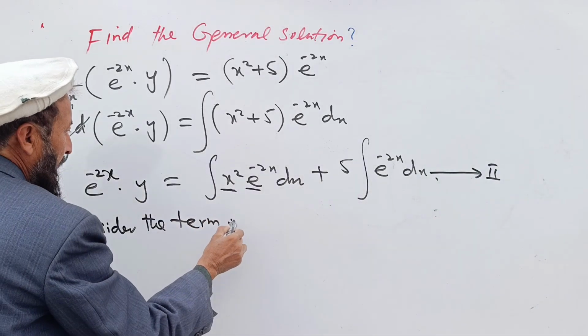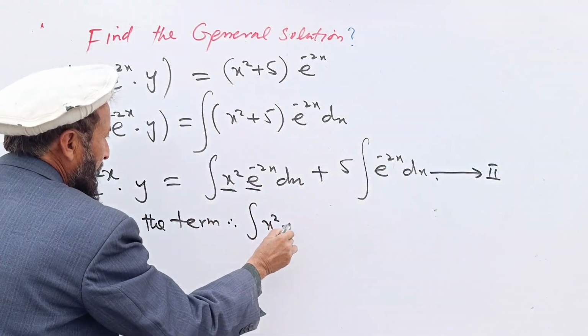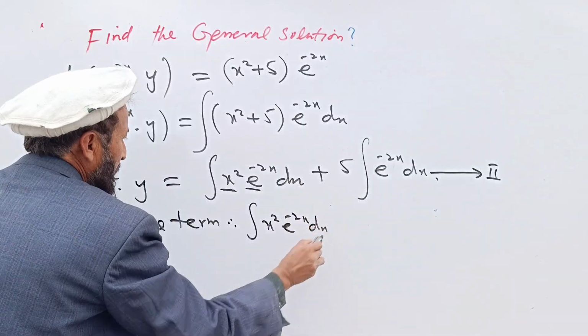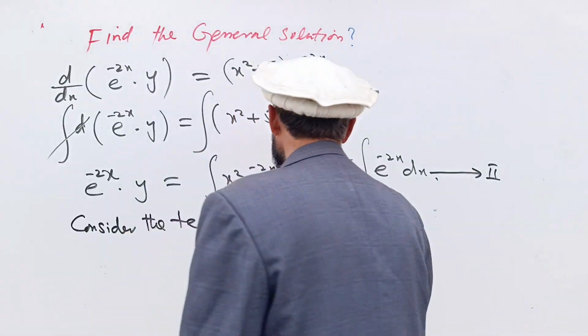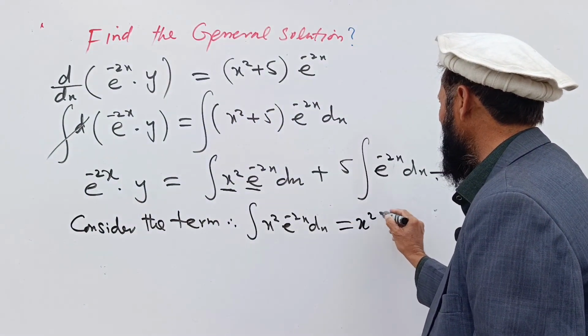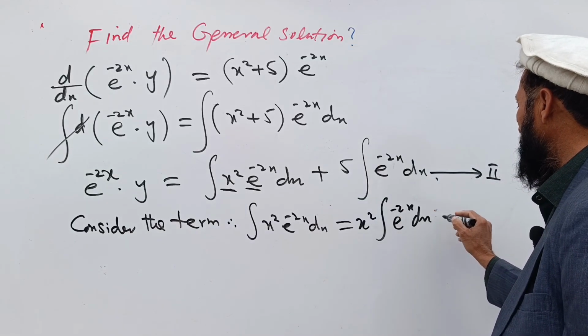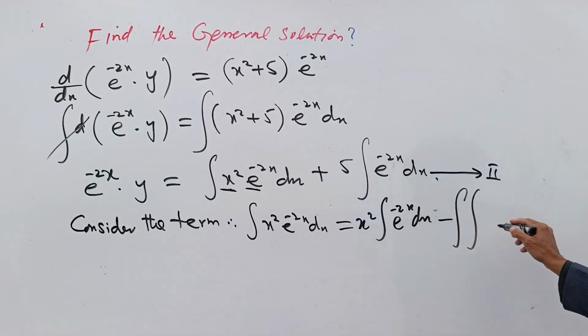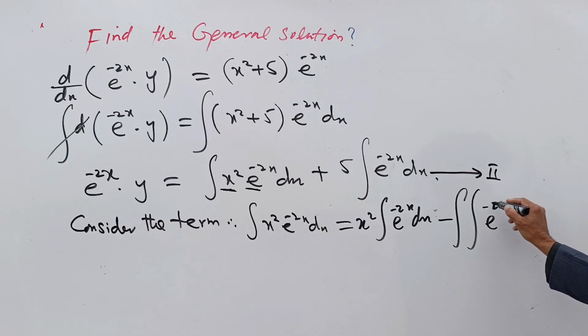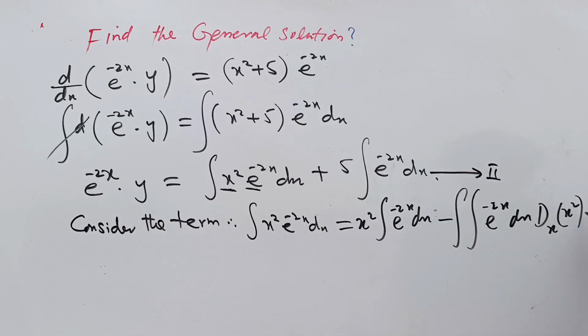We have this term, integral of x square e exponent of minus 2x dx. Now applying the integration by parts formula, x square stays outside, and integral of e exponent of minus 2x dx, minus the integral of the derivative of x square times the integral of e exponent of minus 2x dx.